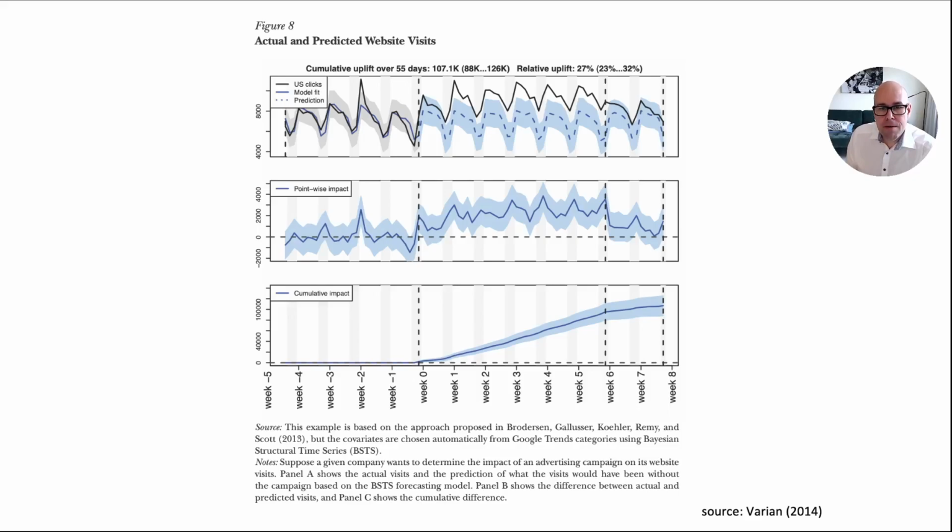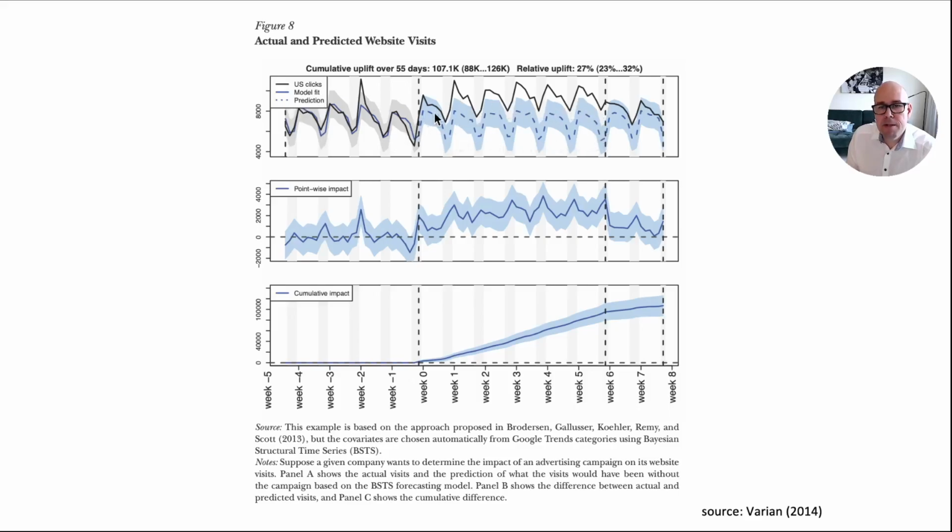You have the US clicks, that is the solid line here in the pre-period. You have the model fit, that would be the blue line. So you're very good at fitting the data. Yeah, so this works very well. So this is the pre-period. Then we have the treatment period, this period here.